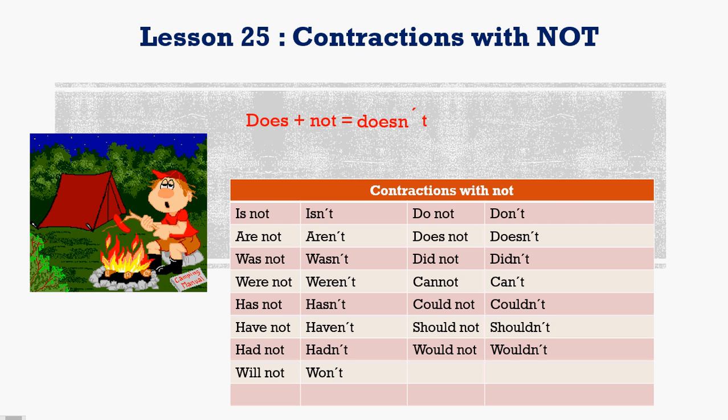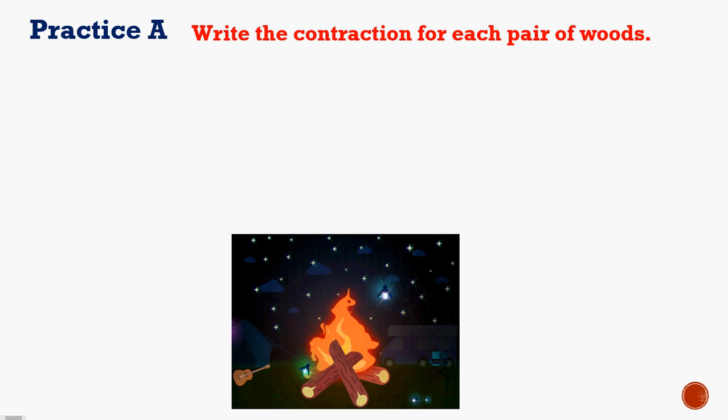Now, we're going to start with practice A of page 112. The instruction says, write the contraction for each pair of words. For example, number 1, we have has not.